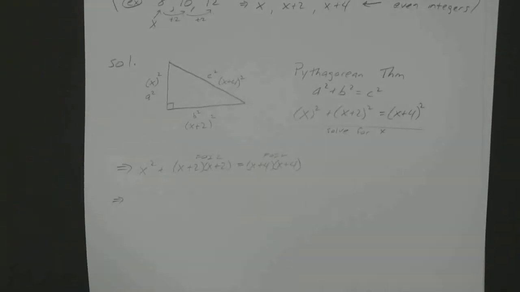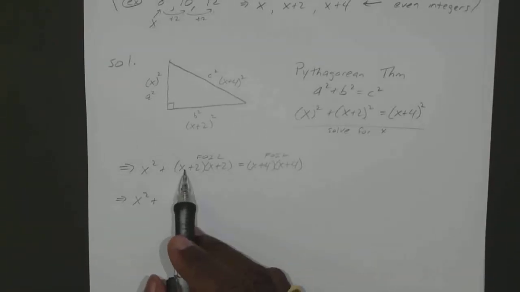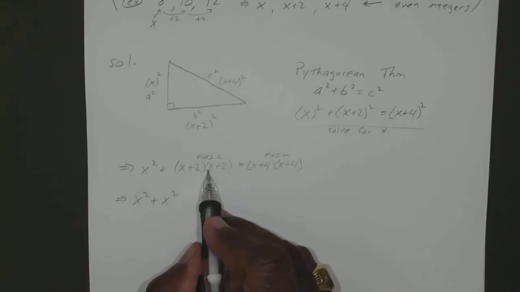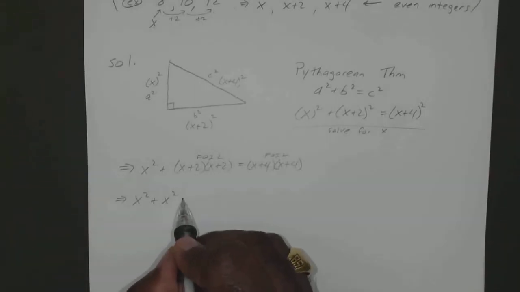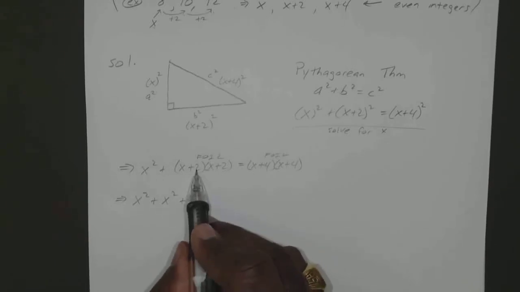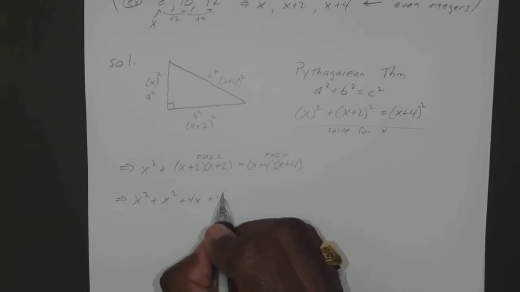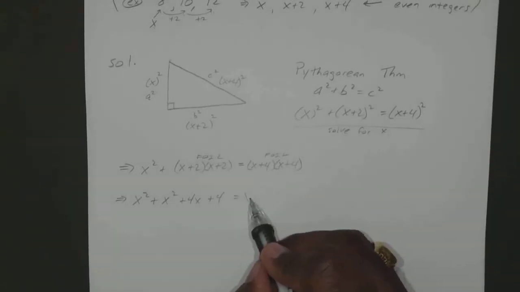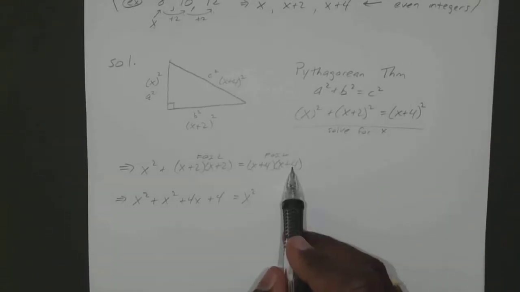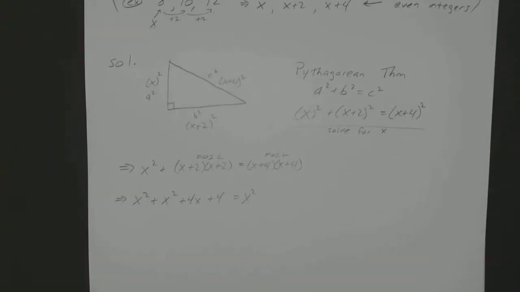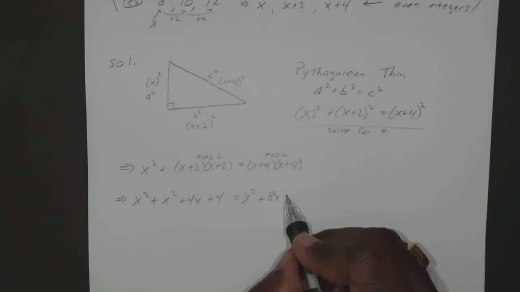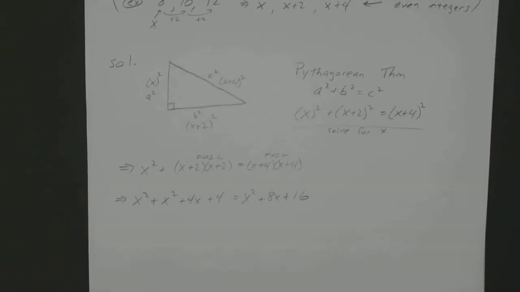Alright, so that would give us x squared plus, you have x squared, your outer is 2x, your inner is 2x, so that's 4x. And your last is 4. Equals, your first is x squared, your outer is 4x, your inner is 4x, so together that's 8x, plus your last, which is 16.